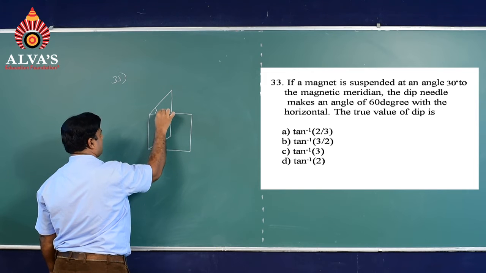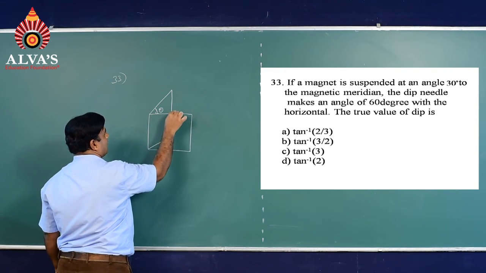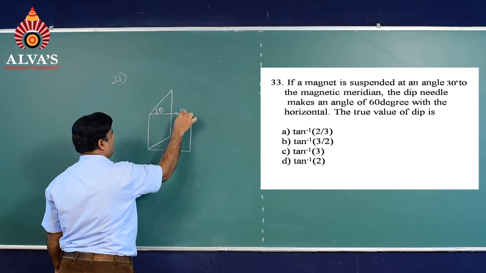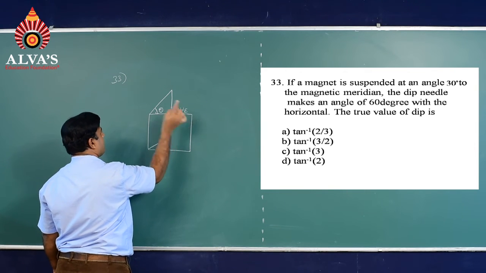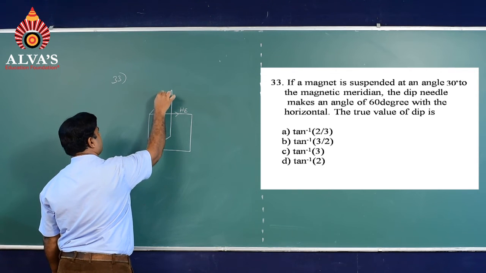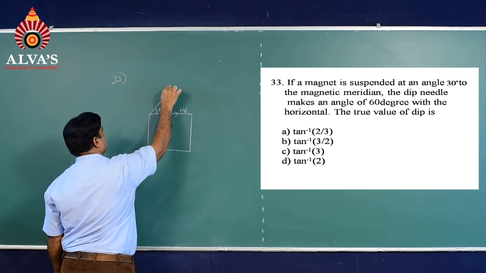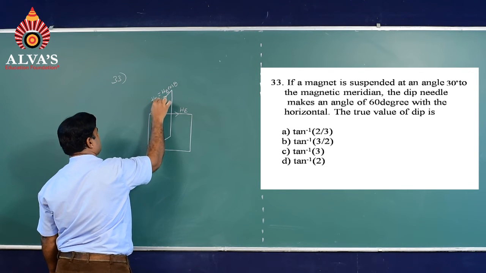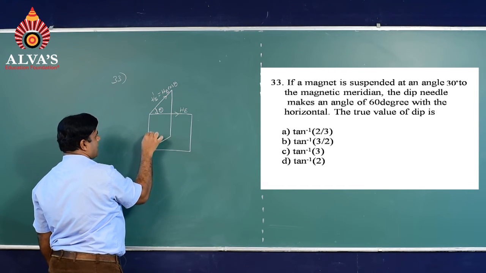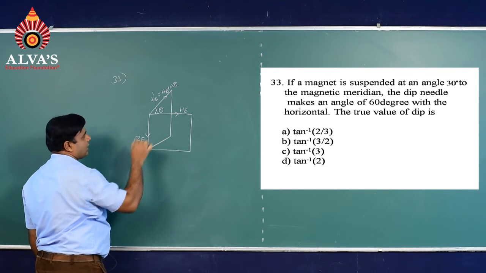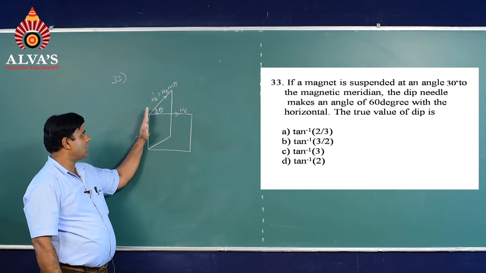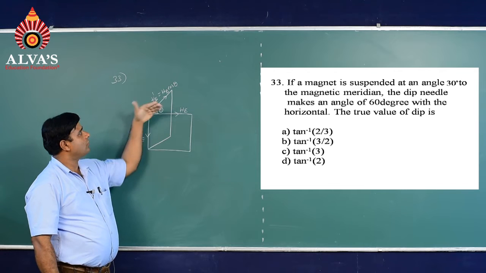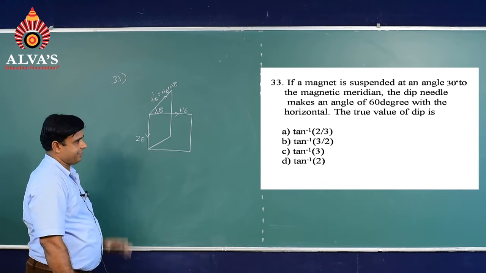The component of HE along this plane is HE cos theta, which is HE dash, but both have the same vertical component. So, vertical component is the same, but horizontal components are different.